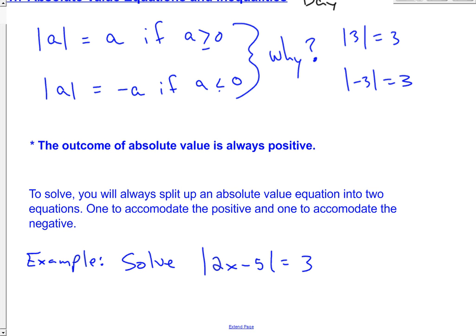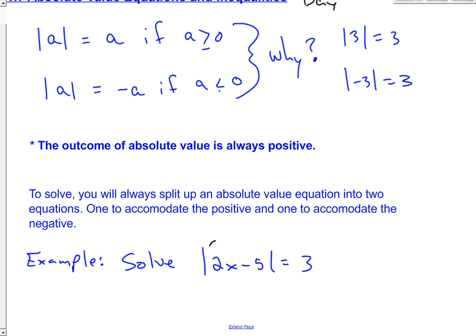So when I'm looking at this example, absolute value of 2x minus 5 is equal to 3. When I'm going to solve, I'm going to split up the absolute value equation into two equations. One for the positive, one for the negative.